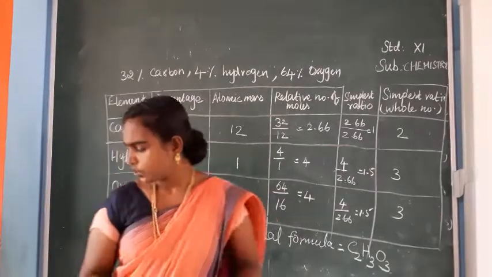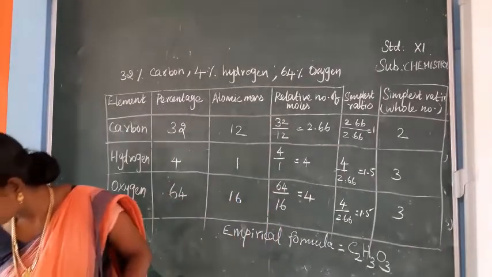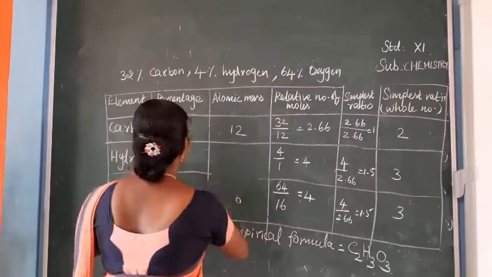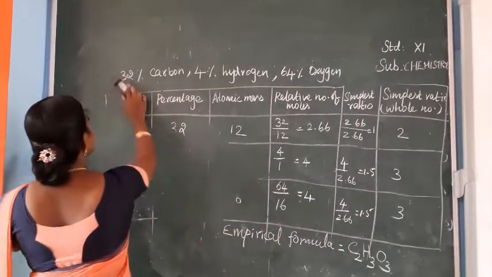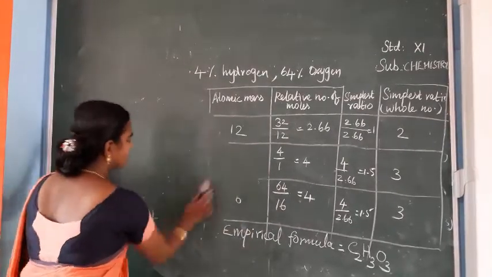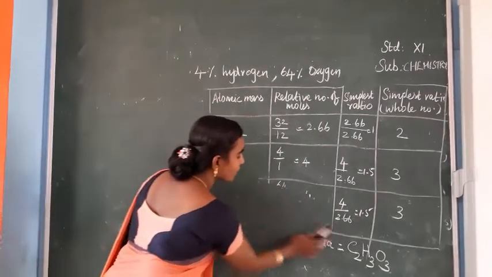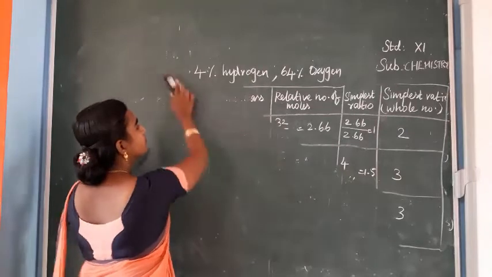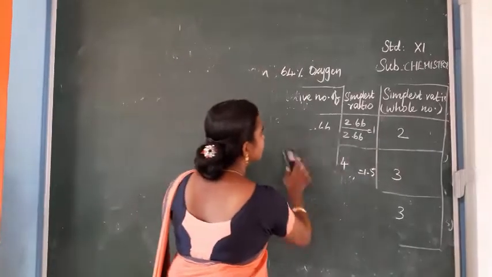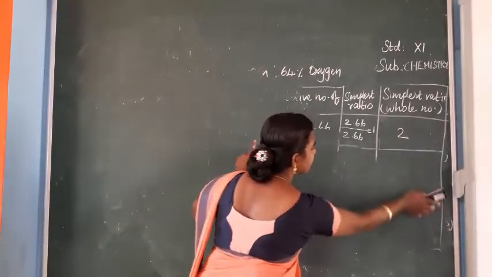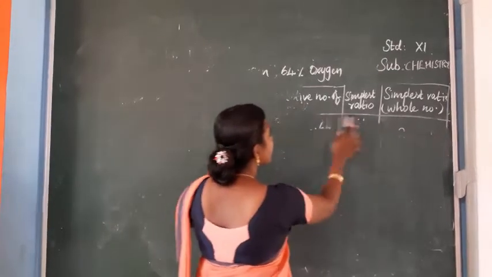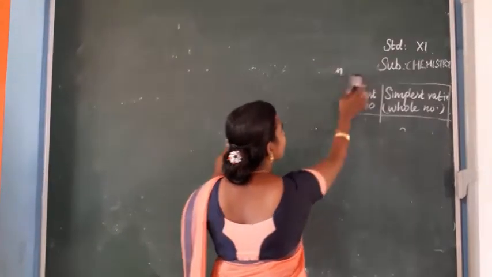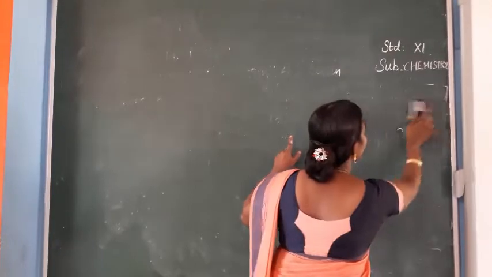Is it clear? Next we can see how to calculate the gram equivalent mass of a particular compound. Also the definition for mole and the Avogadro number.